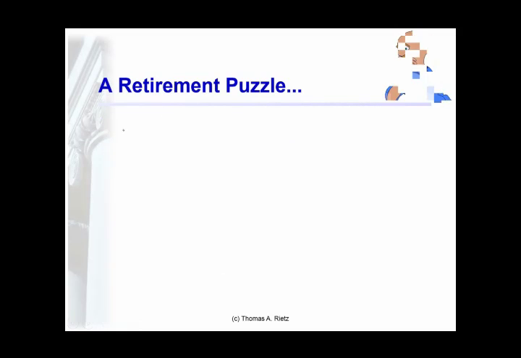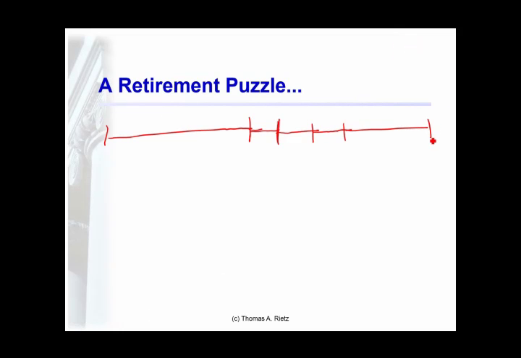Here's a timeline in this case. There's today. I'm going to do the year before I retire, the year I retire, the year that I want to start making withdrawals. Put an extra one in there to be sure, and then the last period. So let's see. There's today.